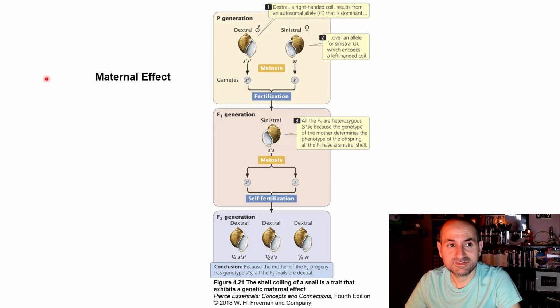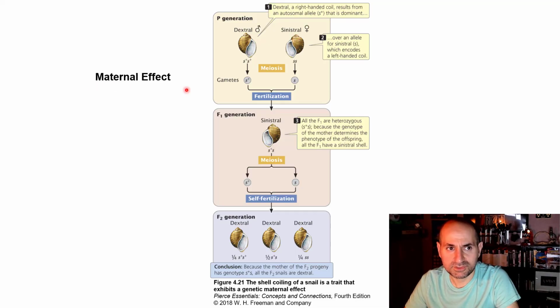So here is an elegant example of maternal effect in the snail. You can have left-handed sinistral snail shells and dextral, right-handed coil on the snail shell. In this case, you've got males with right-handed coils, right-handed is dextral, and females with a left-handed sinistral shell.